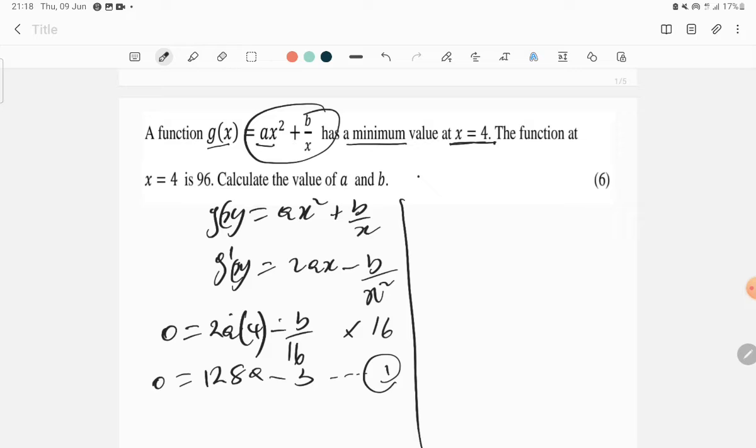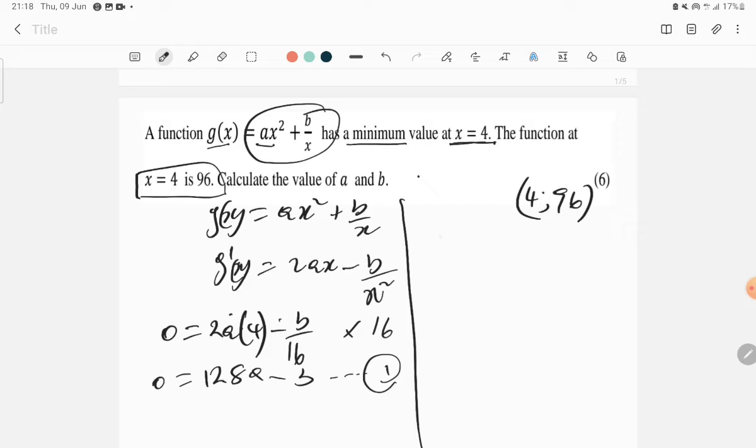Then the second one is where we use this point, because now it's clear that this point is the actual turning point, where x is equal to 4 and y is equal to 96. So at this minimum turning point, we have 4 and 96. We just need to use these coordinates.